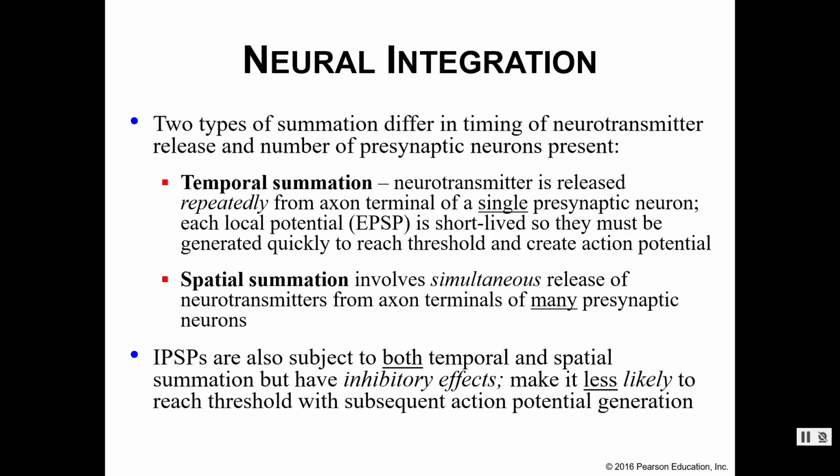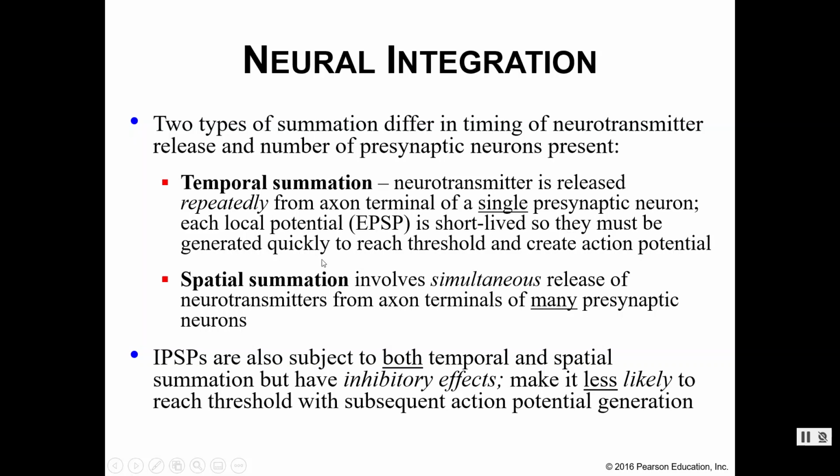Okay, so temporal summation, neurotransmitters are going to be released repeatedly from an axon terminal of a single presynaptic neuron. Each local potential, being an EPSP or IPSP, is very short-lived. So the EPSPs have to be generated very quickly if you're going to reach threshold and trigger an action potential.